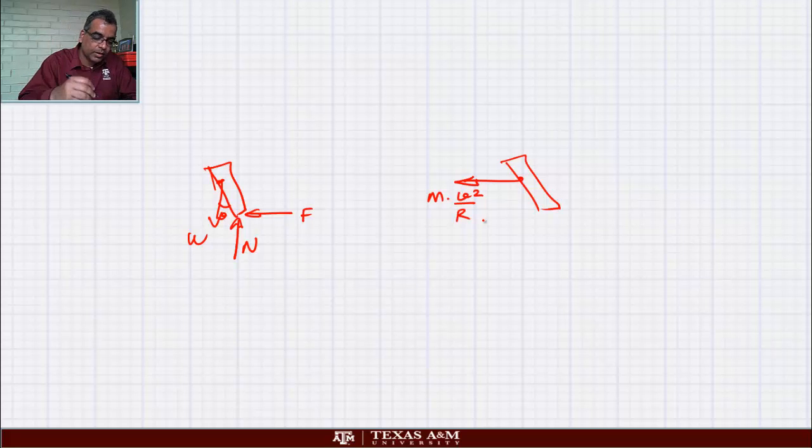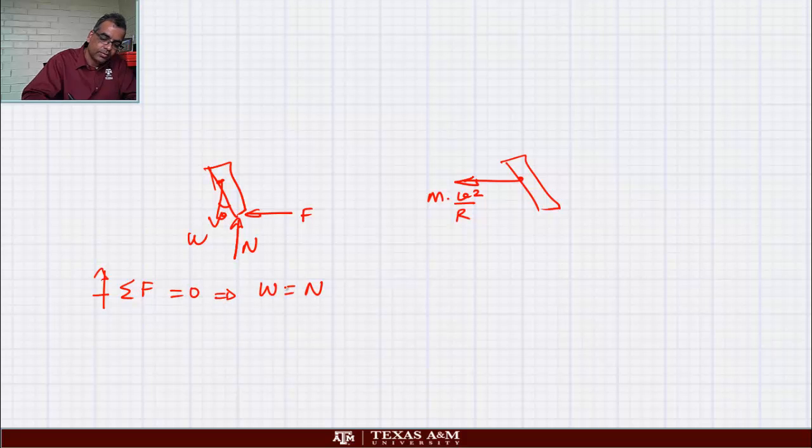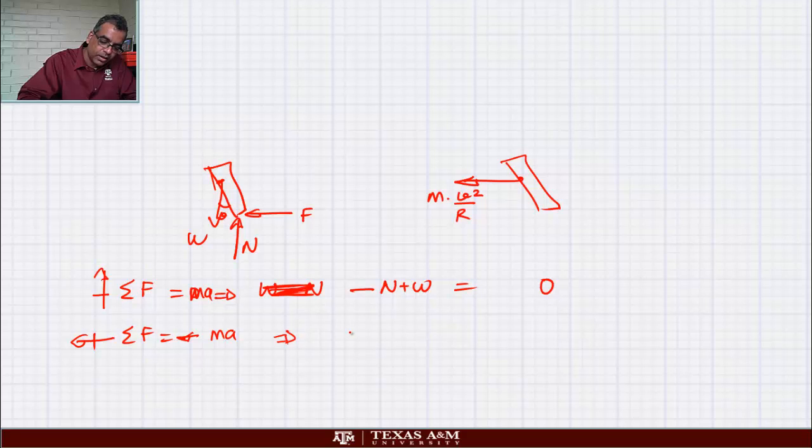We are just going to sum all the forces in the vertical direction, positive, equal to 0, which gives me W equals N, because W minus N plus W from this side equals 0. There is nothing here on that side. Summation of all the forces equals mass times acceleration. So summation of all the forces this way, positive, equal to mass times acceleration this way gives me F equals mv squared over r.